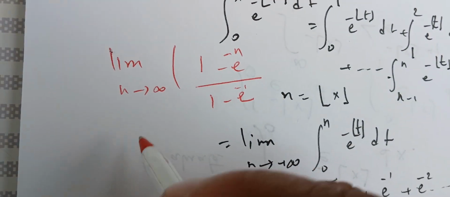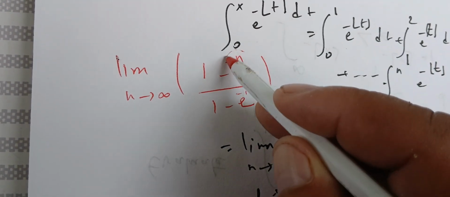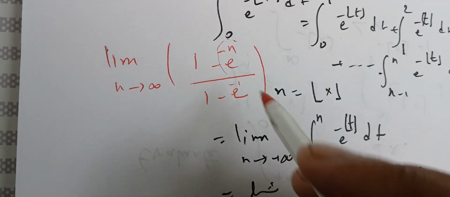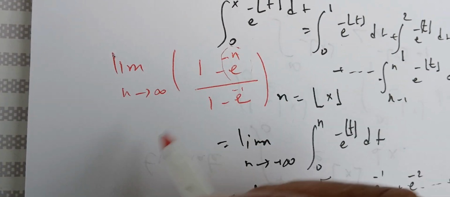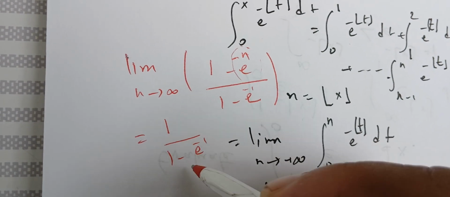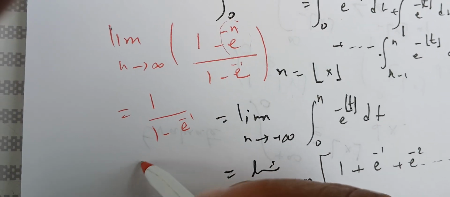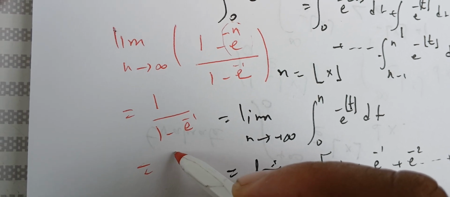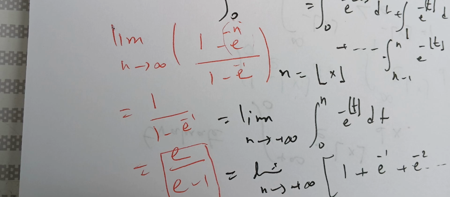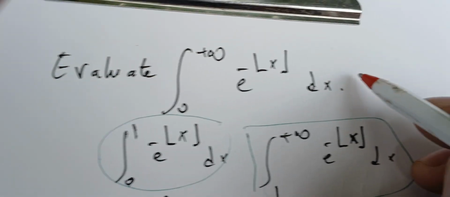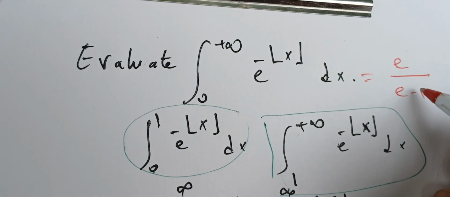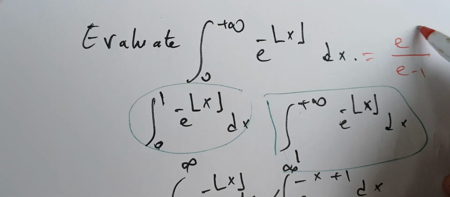Here e to the minus n will go to 0 as n goes to infinity, because the ratio is less than 1, and therefore our limit is going to be 1 over 1 minus e to minus 1, or we can rewrite it as e over e minus 1. Therefore my integral is equal to e over e minus 1. So this is the value of my integral.